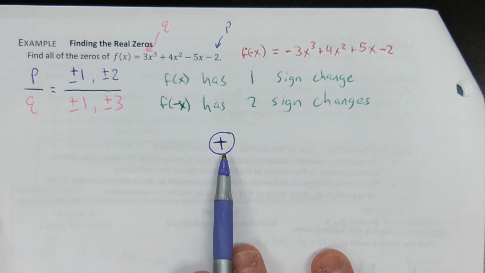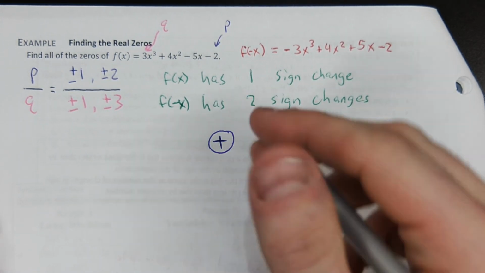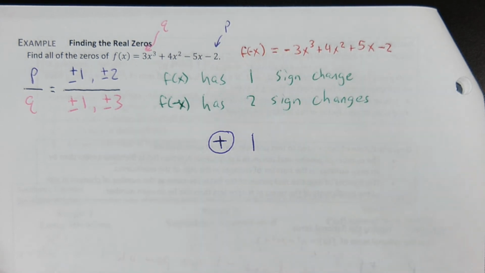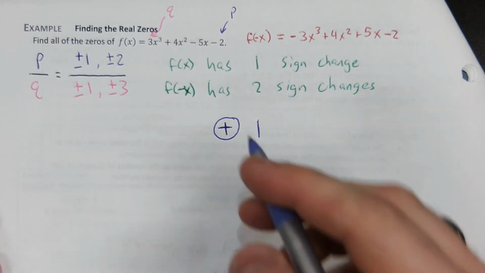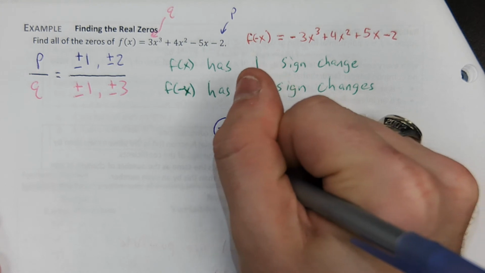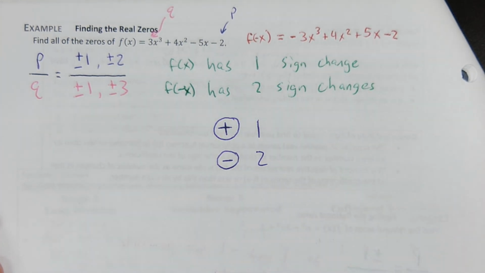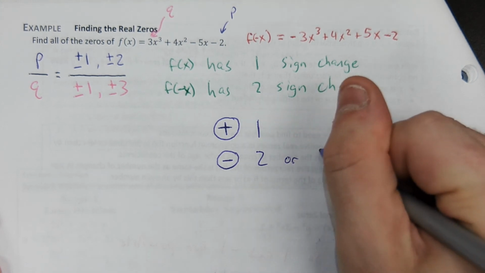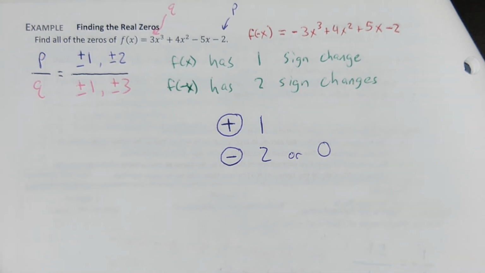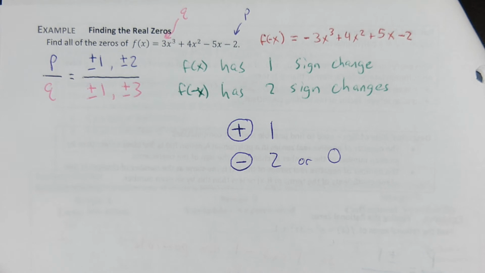So positives, there's 1. Okay, that was simple enough. For negatives, we either have 2 or we have 0. You guys cool with that idea? Yes, ma'am.